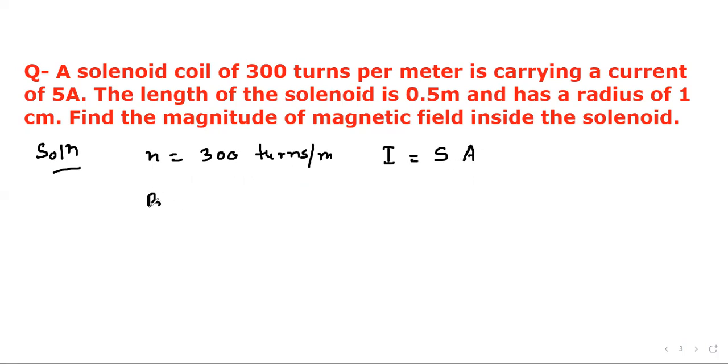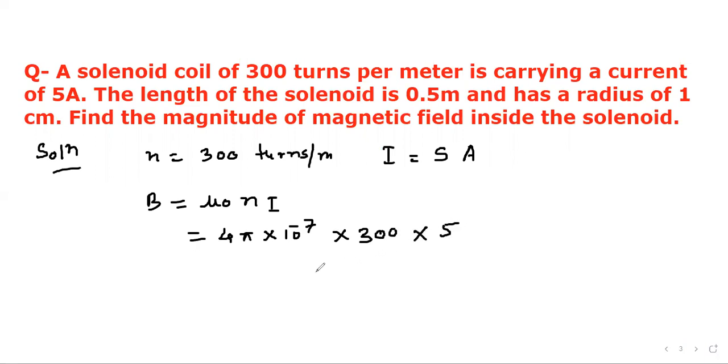We can apply the formula B equal to mu naught N I. The value of mu naught is 4 pi into 10 to the power minus 7, into number of turns per unit length 300, into current 5 ampere. So this will give 1.9 into 10 to the power minus 3 Tesla.